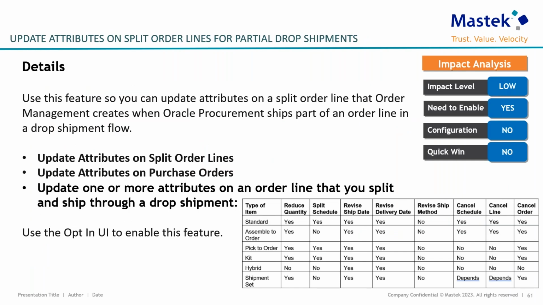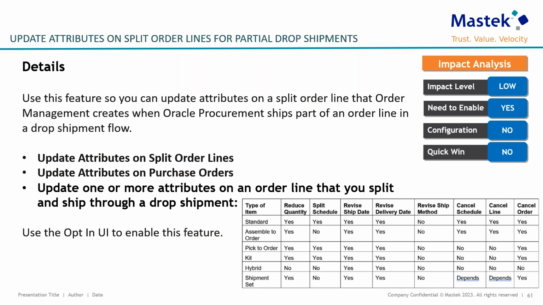Now moving to the next one, which is update attributes. These are all features of order management. The very first one is update attributes on split order lines for a partial dropship shipment.